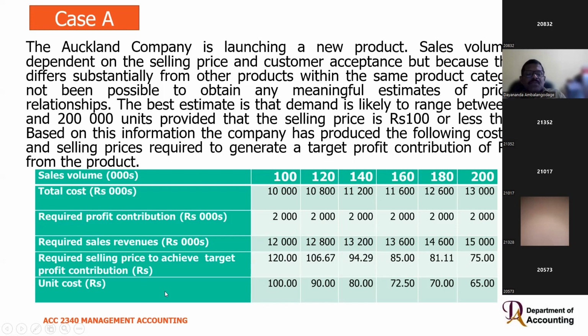So you see that depending on the sales volume, your selling price is changing. When you sell more and more, your selling price is reduced. And when you produce more and more, your cost will also reduce. That is the nature of large scale production, maybe due to the fixed cost behavior.